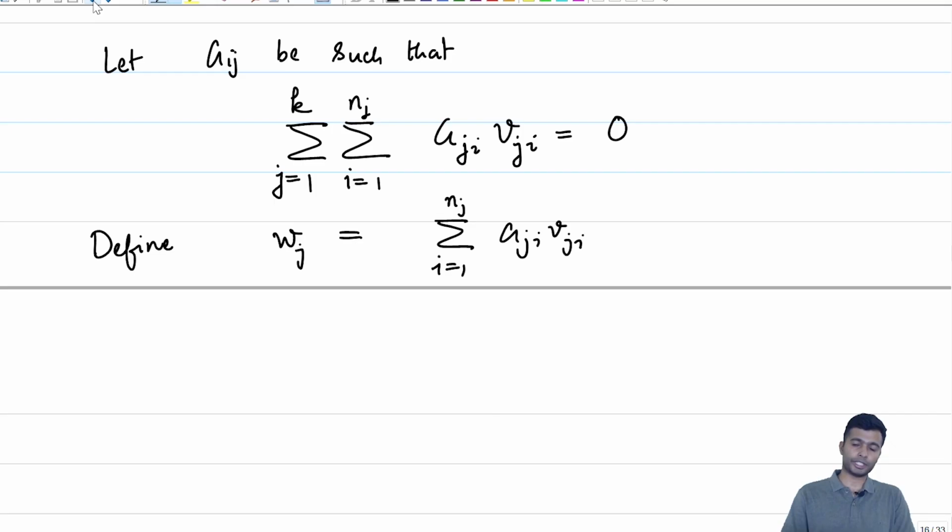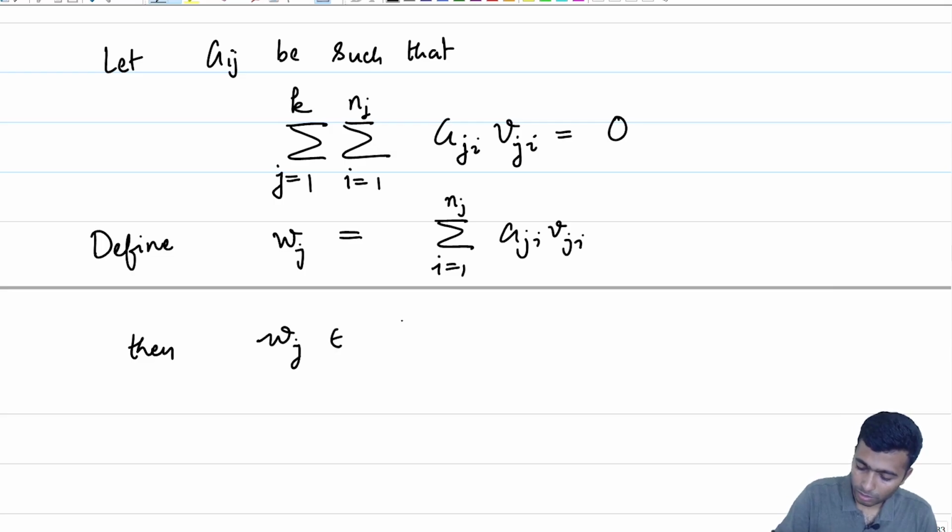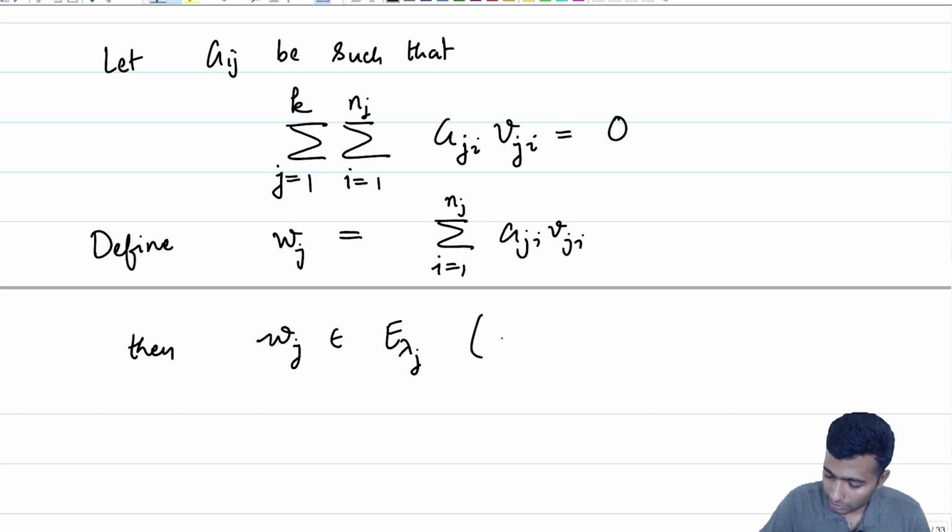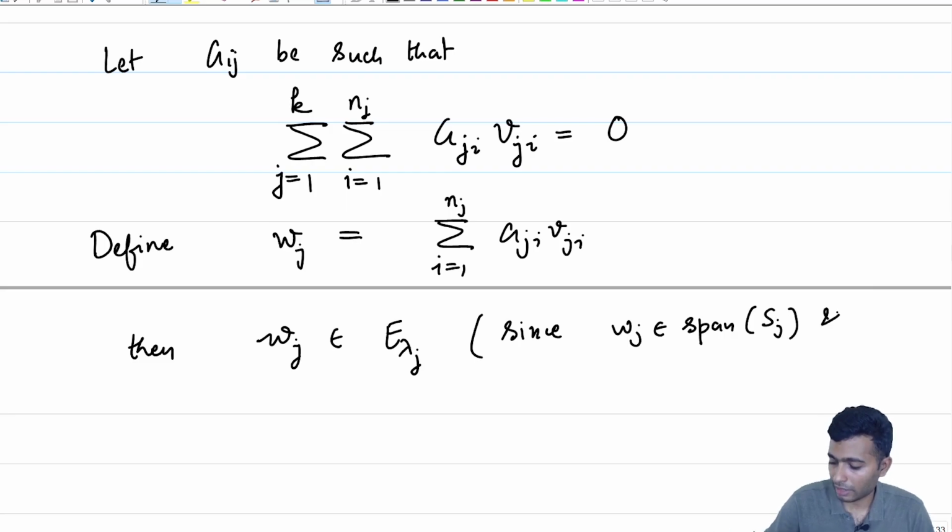What can we say about Wj? Each of the Vji belongs to Sj. So, this means that Wj belongs to the span of Sj, which is contained in E lambda j. Why is this? Since Wj belongs to the span of Sj and Sj is contained in E lambda j.